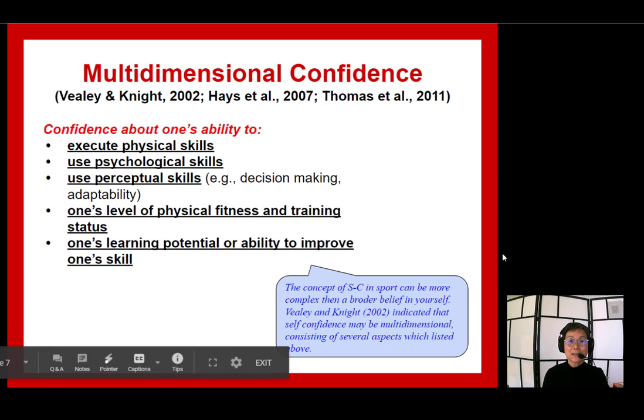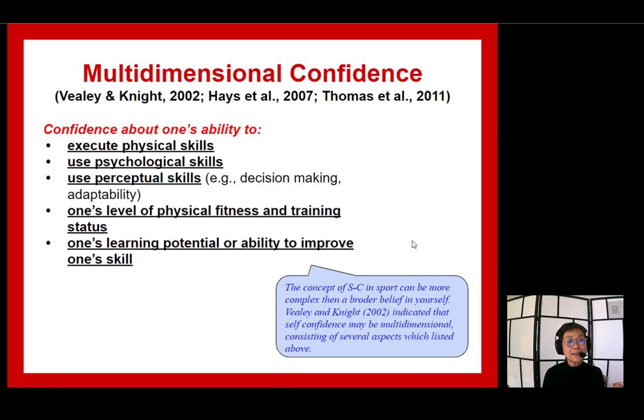In a physical activity setting, including competitive sports, confidence is about one's ability to execute physical activity, to use psychological skills, to use perceptual skills such as decision making and being able to adjust and adapt yourself to very dynamic, unforeseen situations.